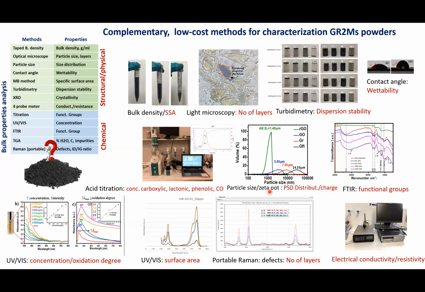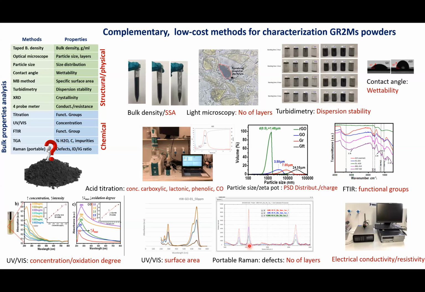Particle size measurement and zeta potential can provide the size distribution of your powders and also their charge. FTIR measurement can provide information on functional groups. UV-Vis spectroscopy can provide information about concentration, oxidation degree, and also the surface area of your graphene powders.